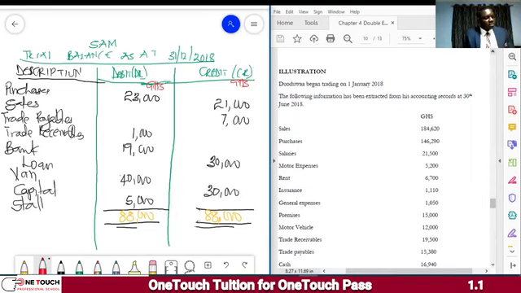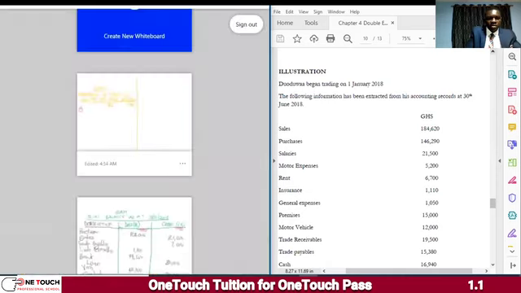So let's look at our sales. Sorry, give me a second. Let me make use of this rather so that it will be much clearer.